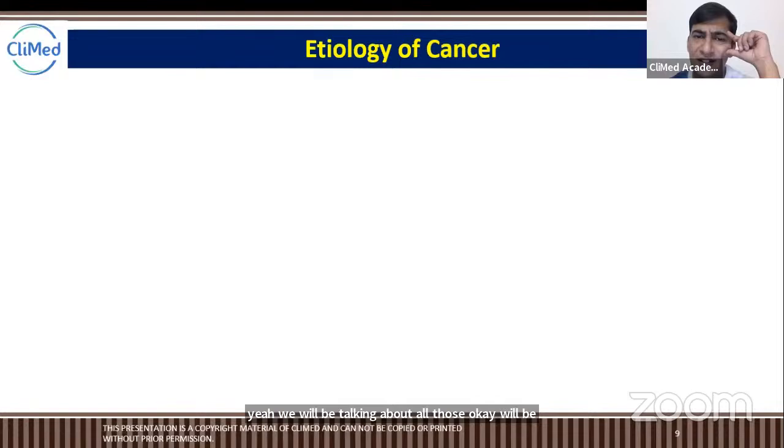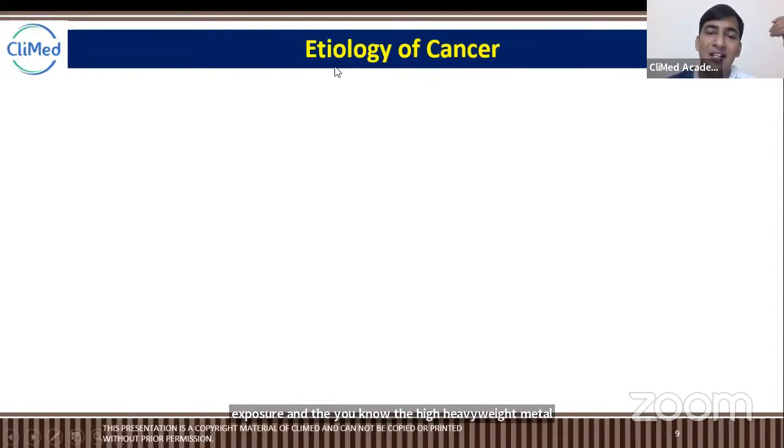Then etiologies of cancer. Every cancer has a different etiology. If you talk about mouth cancer, oral cancer, etiology is tobacco chewing or exposure, dental unhygiene, multiple types of that. If you talk about lung cancer, smoking is one of the major ones, and the dust exposure, heavy metal exposure, or the gas exposures. Multiple things are there, right?